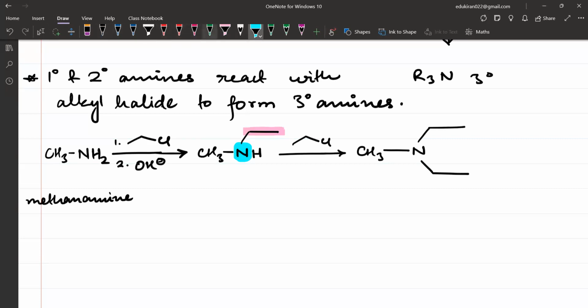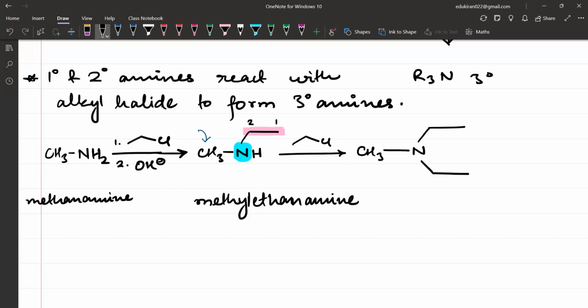And this substituent here is what? ये जो substituent है आपके पास, this is methyl. तो नाम जो इसका होगा, methyl substituent है, 2 carbon atoms, तो ethane हो जाएगा. Ethanamine.